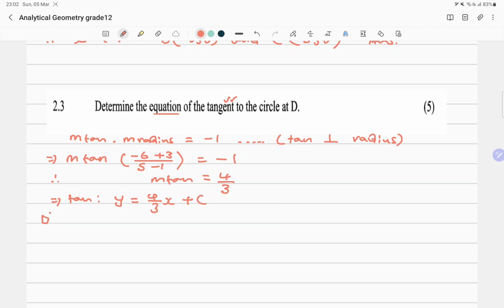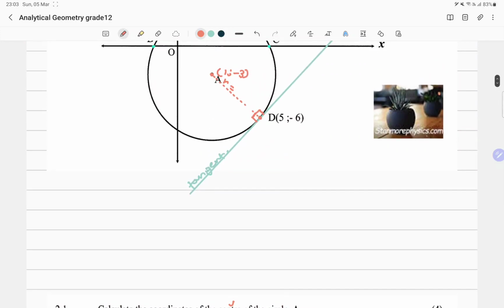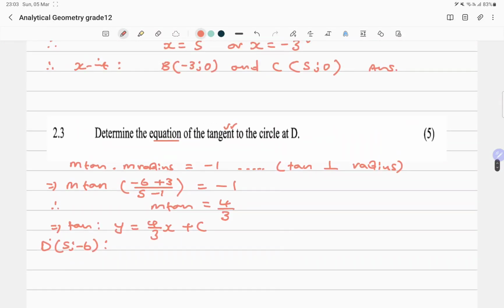And then we know that it goes through point D. Okay, let's leave it as ugly as it is. Point D was (5, -6), right? That would be such that we now substitute this point onto this line, because D is a point that lies on that line as well, okay? So it's a point of contact of both the line and the circle, so they're equal there.